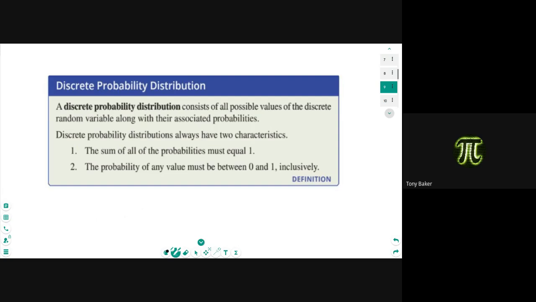One, the sum of all probabilities has to equal 1. And the probability of any value must be between 0 and 1. That goes back to what we talked about with probabilities. Remember, probabilities have to be between 0 and 1 inclusively, and all of them have to add up to 1. So discrete probability distributions are going to hit the exact same criteria.